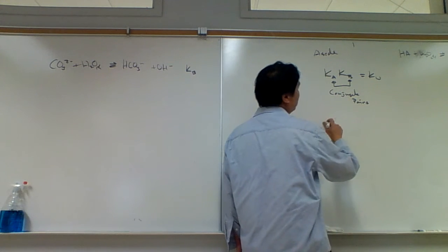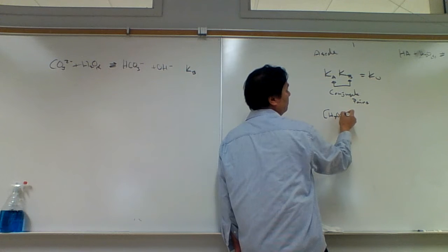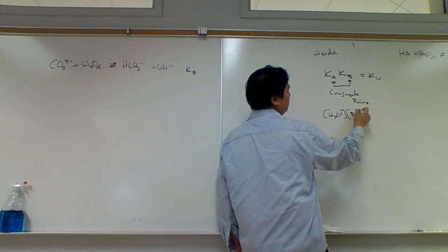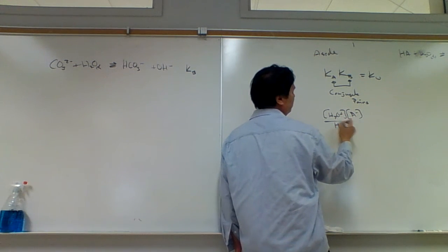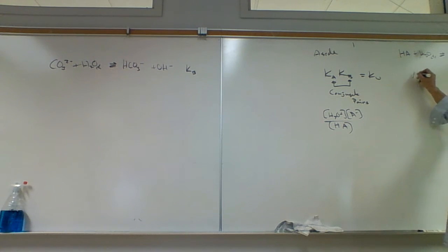And so let's go ahead and do the Ka for this. It would be hydronium times the A minus divided by the HA. Now, the conjugate base is A minus. A minus is a base. When a base hydrolyzes water, it doesn't produce hydronium, it produces HA and hydroxide.